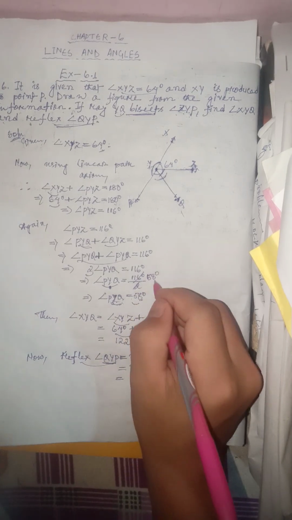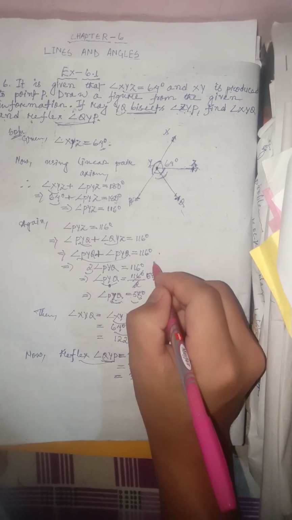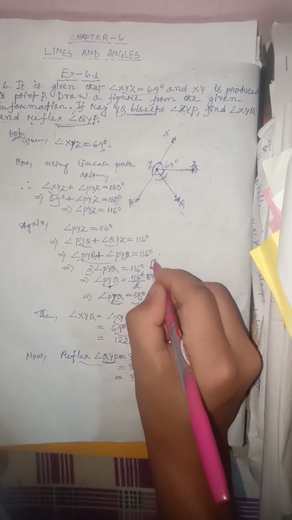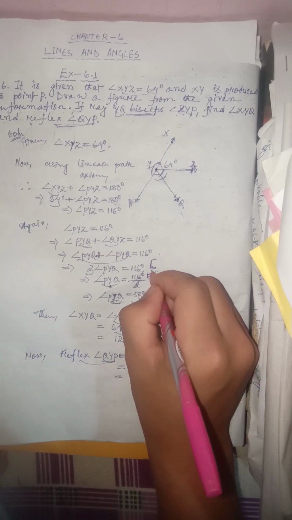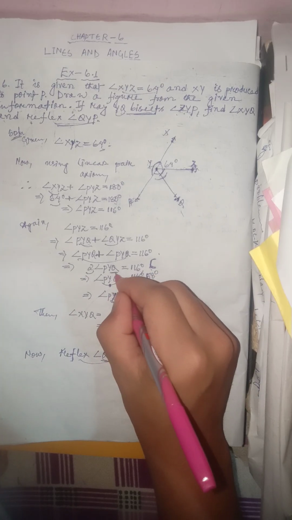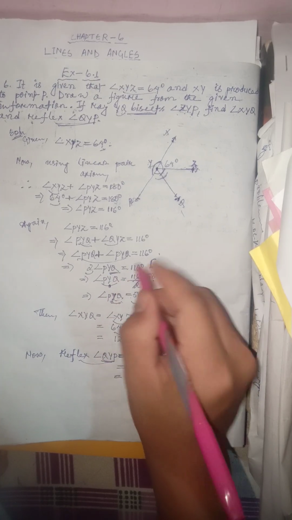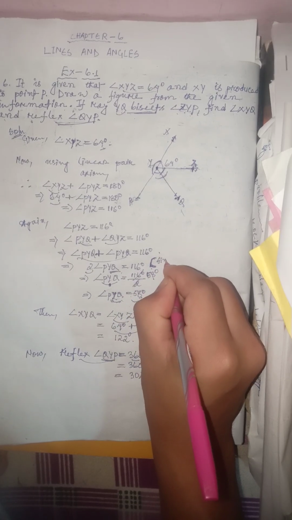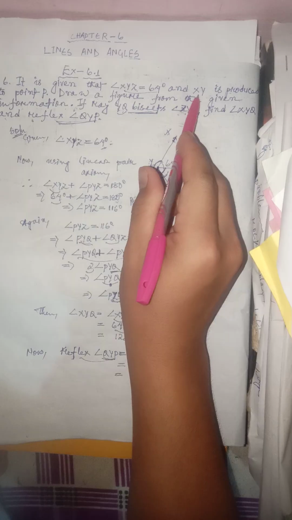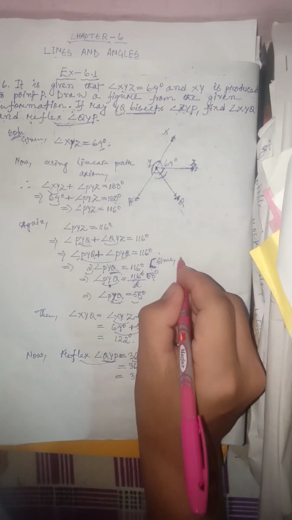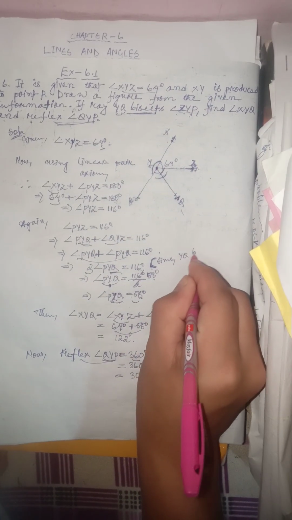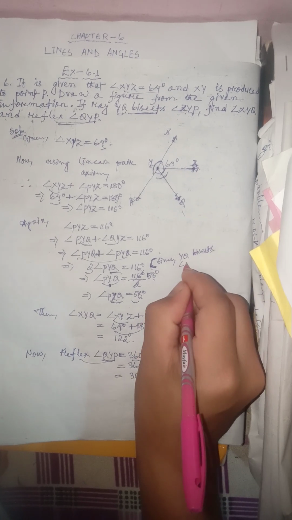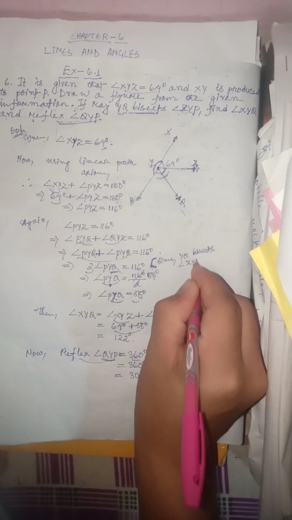And let me add some more here so that you may find it easier to compute this whenever you get stuck. Okay, whenever you are stuck in this, YQ bisects angle ZYP.